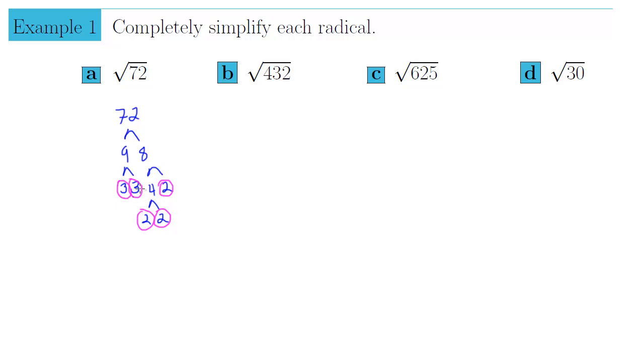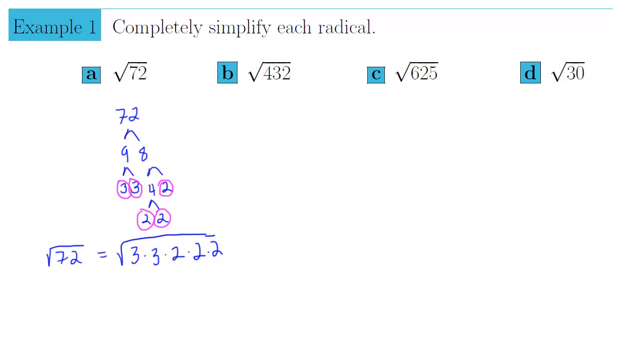Then what you do is you focus on the bottommost numbers, the leaves of the tree. And those bottom numbers tell you that root 72 is equal to square root of 3 times 3 times 2 times 2 times 2.